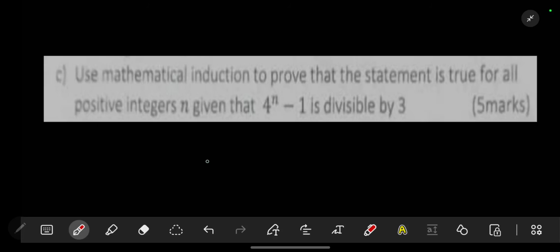So let's say we have this one: use mathematical induction to prove that the statement is true for all positive integers n, given that 4 to the power n minus 1 is divisible by 3. So what are we going to do? We are trying to prove that 4 to the power n minus 1 is divisible by 3.